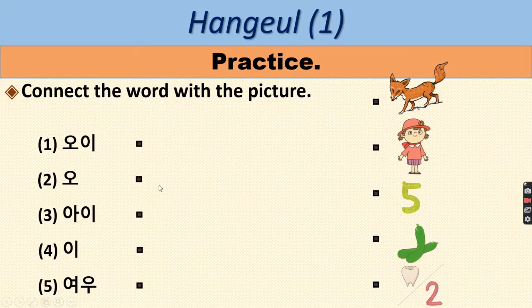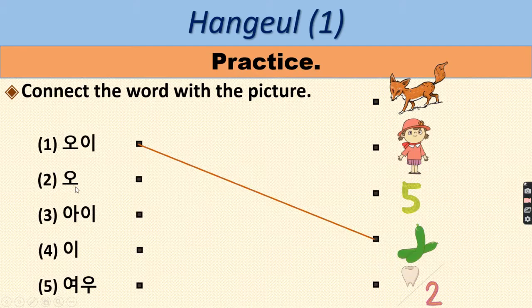Now, let's try to take a look at this activity. What we will do is let's try to connect the word with a picture. Okay, so this one, ui, where should it go? Alright, so this should go with, okay, very good, this should go with a cucumber.